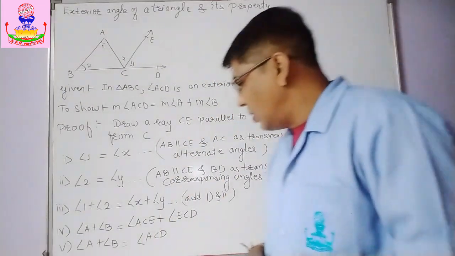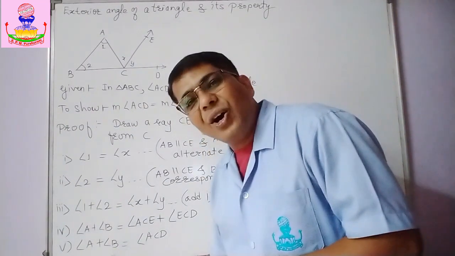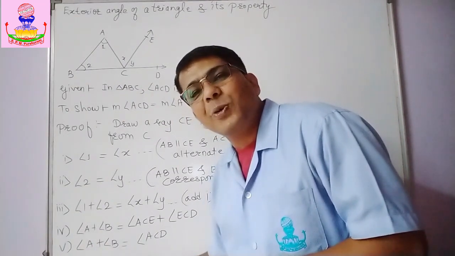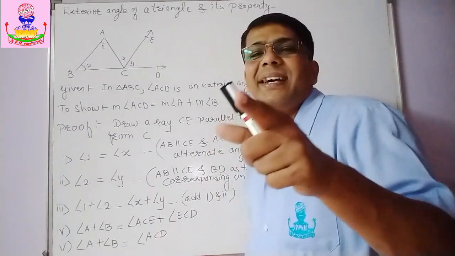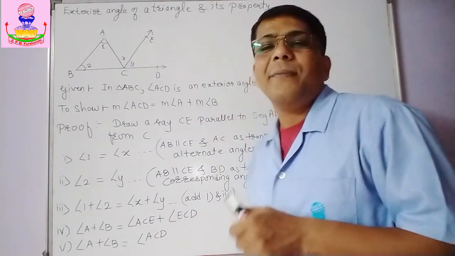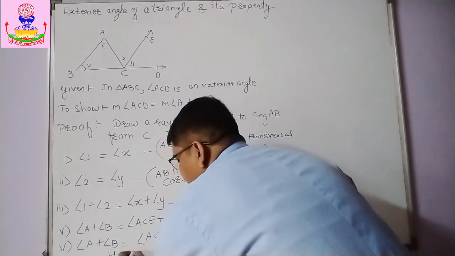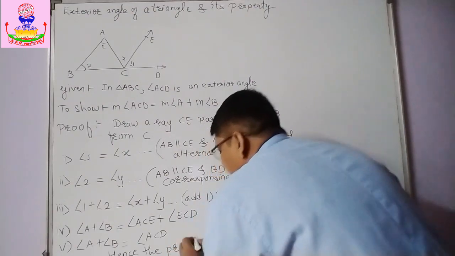So what did we get? We got that the sum of interior opposite angles is equal to its exterior angle. Okay, and so further you can write, hence the proof.